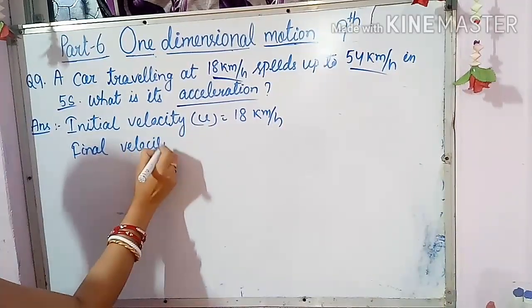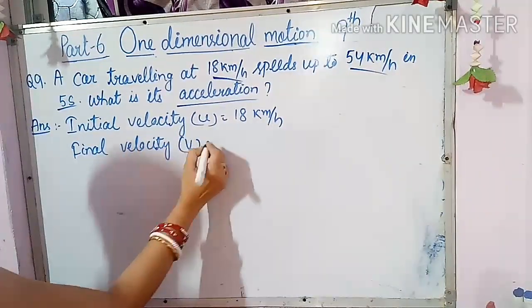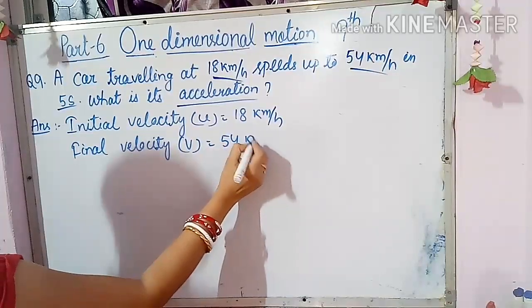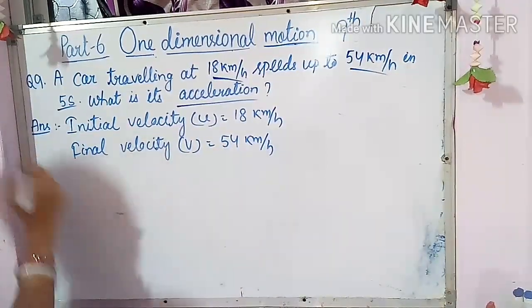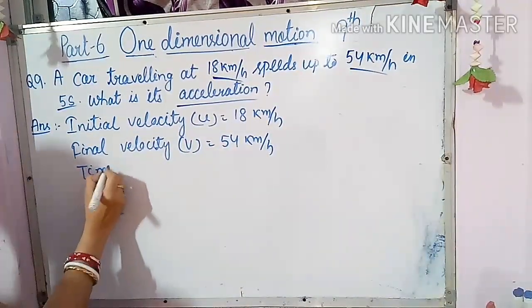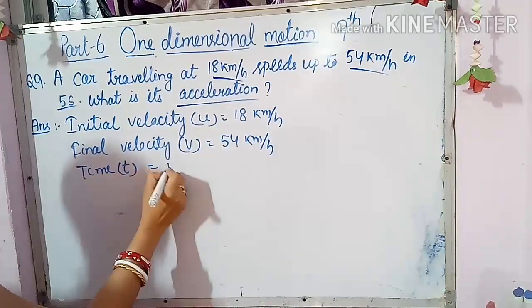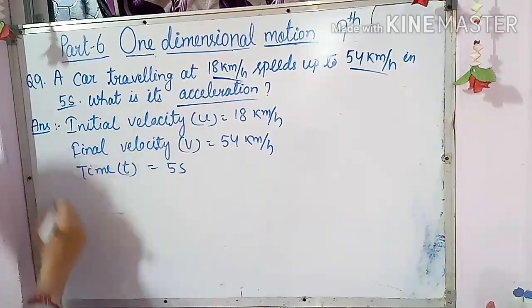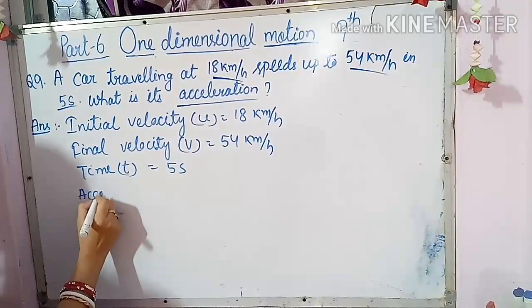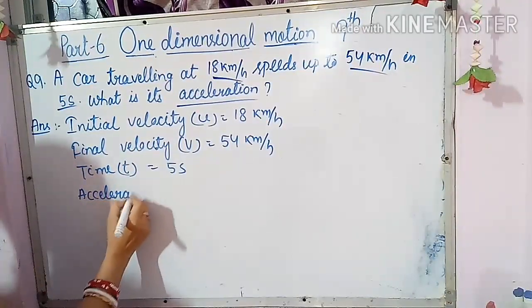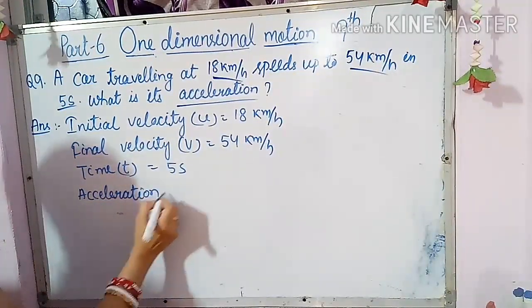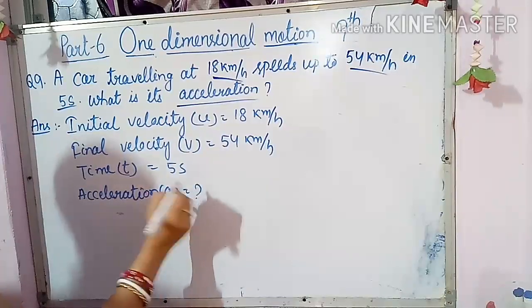Final velocity v equal to 54 km per hour. Time t equal to 5 seconds. What is asking? Acceleration. a is your question mark.